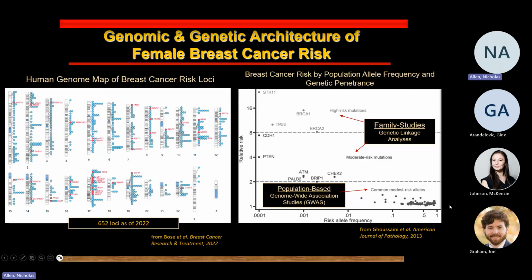But if you draw your attention to this plot over here, as you increase in allele frequency, what we found with genome-wide association studies is that you have all these lower relative risk alleles. This is older, so you would put over 600 dots over here now, and there have probably been a few more identified since 2022.